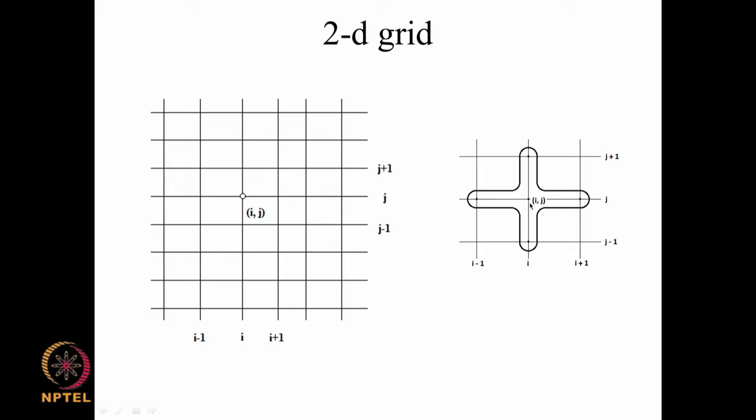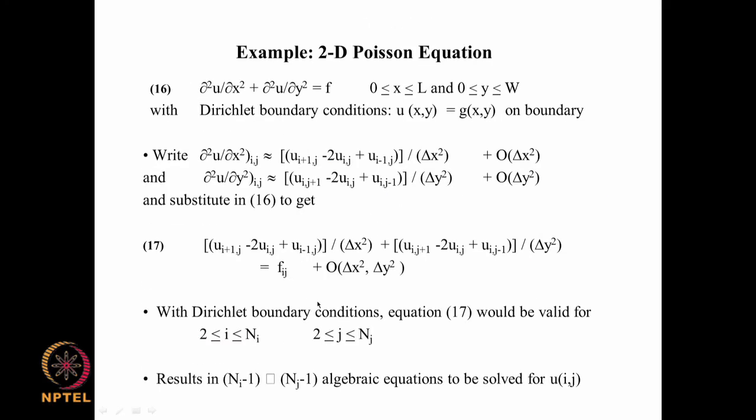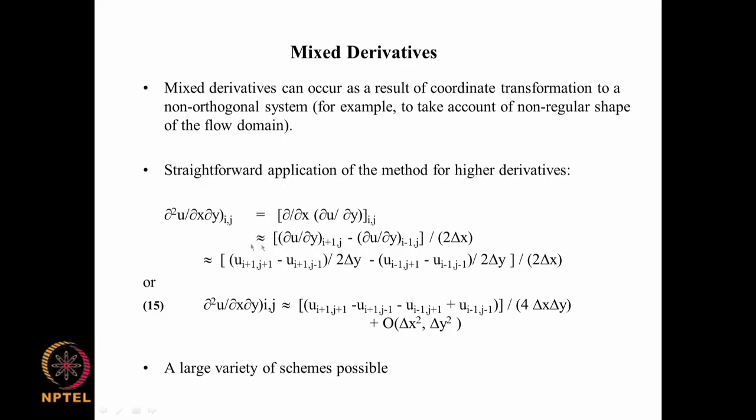And so, the thing which is surrounding this is given here. You have point ij here, and if you have a formula, which we will see, involving these 4 points, then you have a computational molecule like this. So, we are looking at variation of u in this 2-dimensional space, and we are specifically looking at a mixed derivative like dou square u by dou x dou y at point ij.